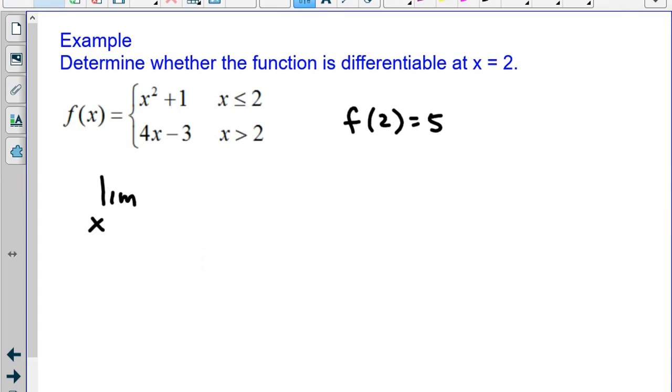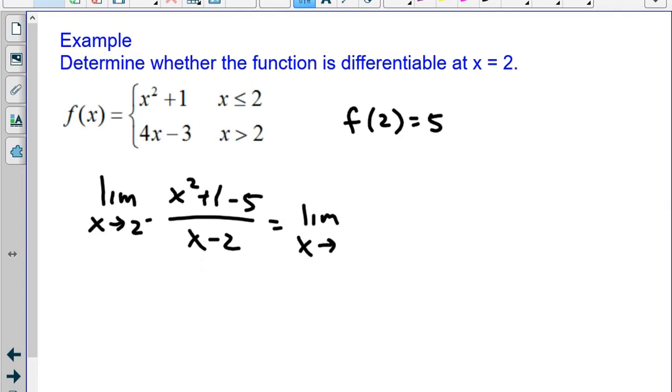So the limit as x approaches 2 from the left of the derivative of this function looks like this. It's 4 from the left, and it's also going to be 4 from the right.